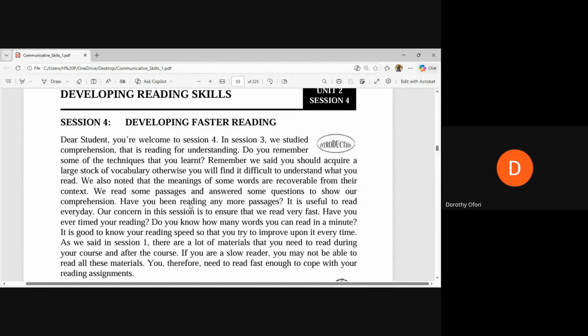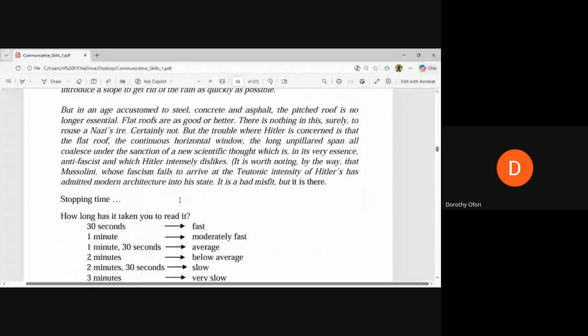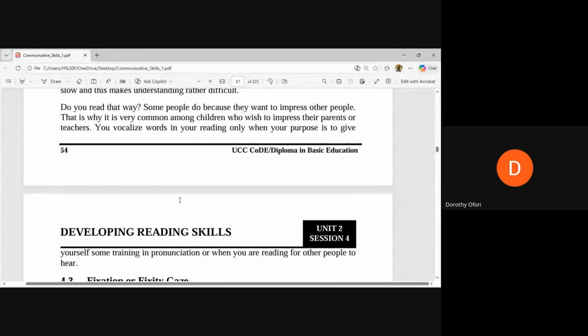Dear students, you are welcome to section 4. In section 3, we studied comprehension. We studied comprehension. You can see that I am reading, but I go back to the already mentioned phrase. This is what we call regression.